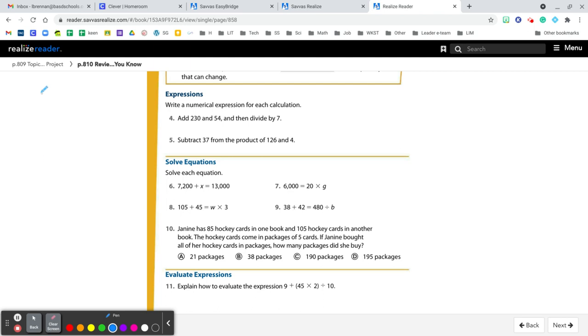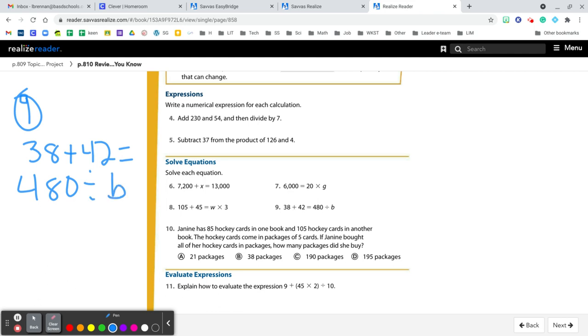And the last one, number 9, using a new computer here is really tricky without a drawing pen. So 38 plus 42 equals 480 divided by B. So we're going to solve one side of the problem.